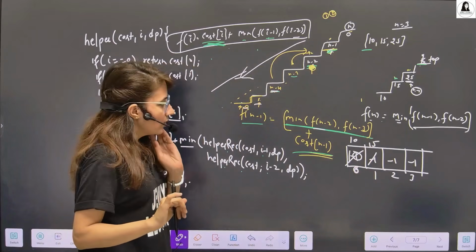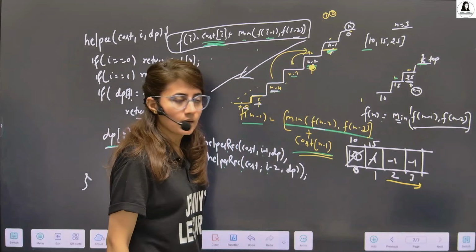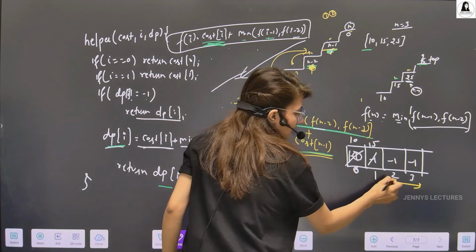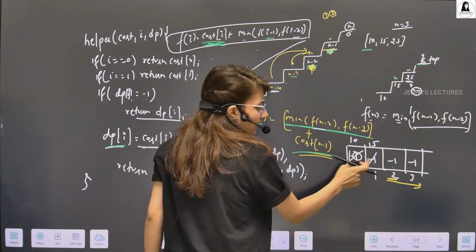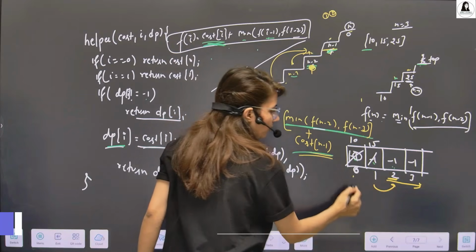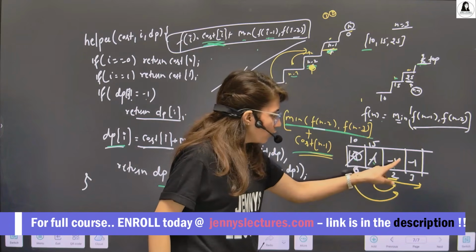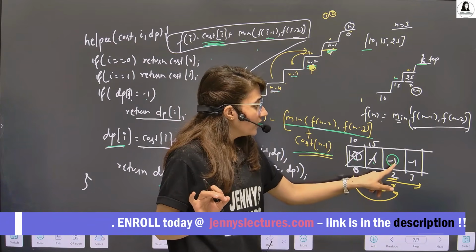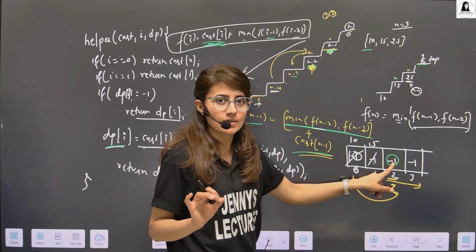Okay. Now we have to fill this. To fill this, we need what? The minimum from these, because we can come from 1 by taking 1 step, or we can come from 0 by taking 2 steps. So whatever value is here represents the minimum cost to reach stair i.